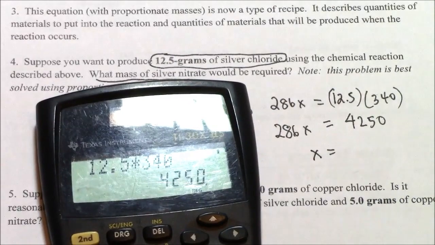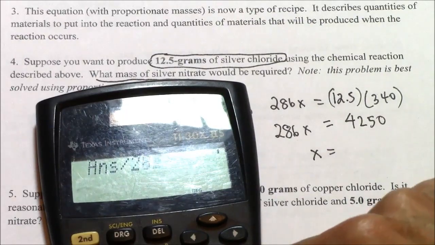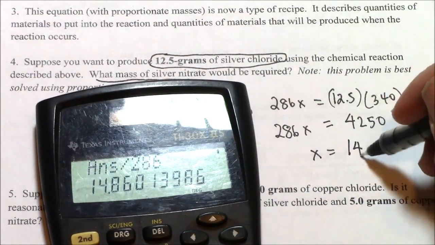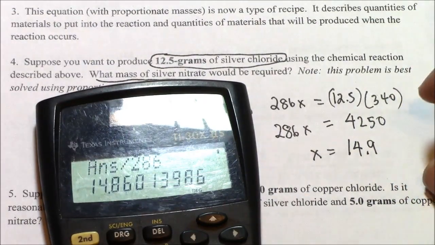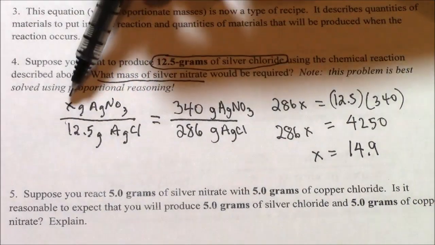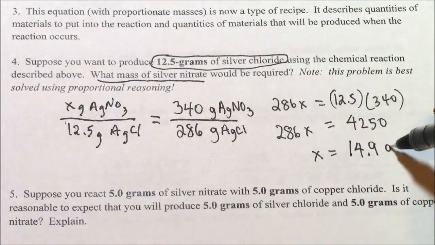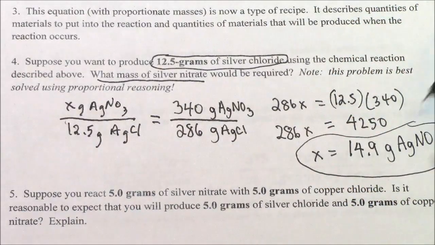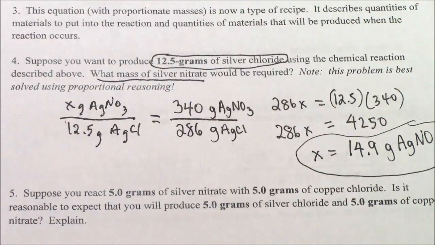I will divide both sides by 286 to get x equals. And I have x equals 14.9. What's the label? Label is grams of silver nitrate. That I'll put a box around. That's the answer to the question.